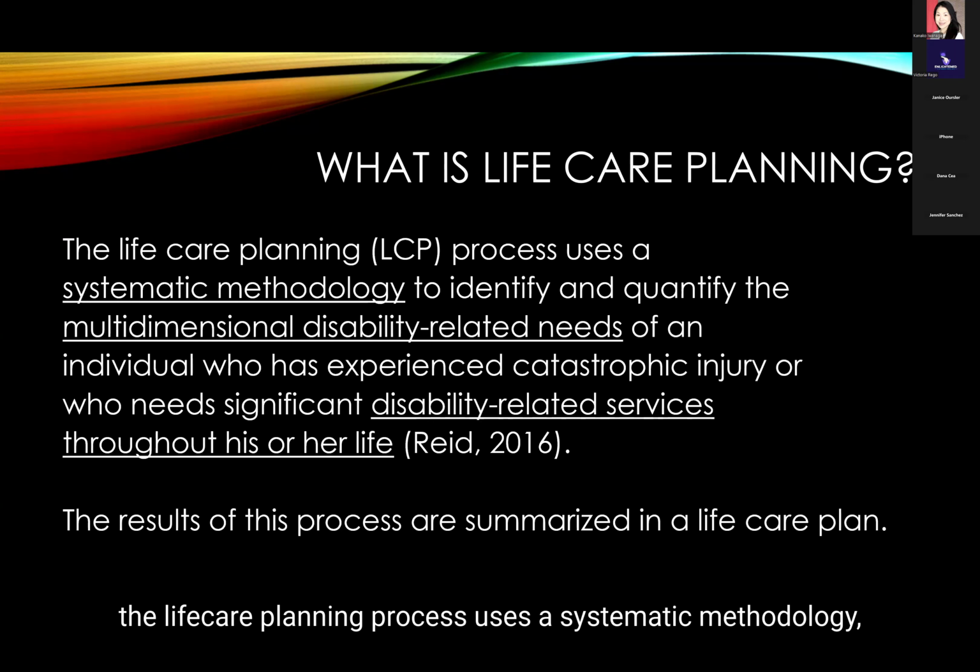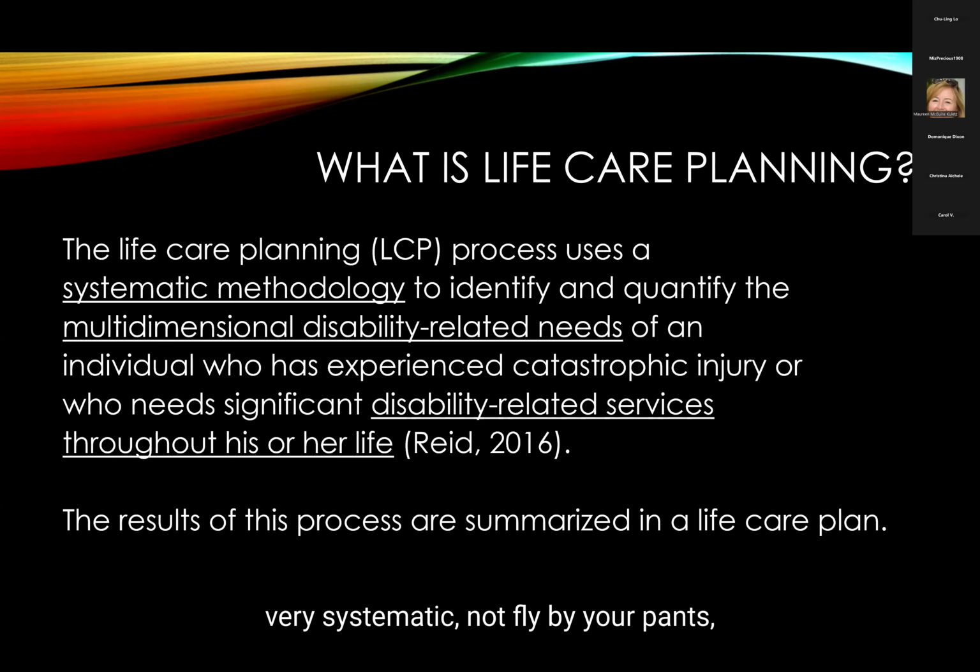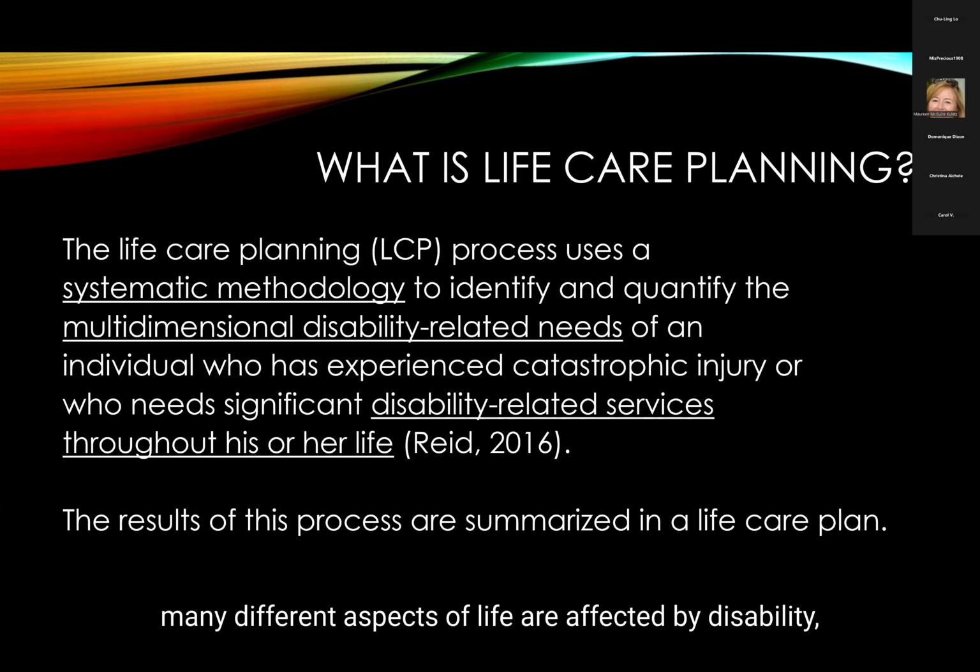The life care planning process uses a systematic methodology. Very systematic, not fly by your pants, to identify and quantify the multidimensional disability-related needs. Many different aspects of life are affected by disability.